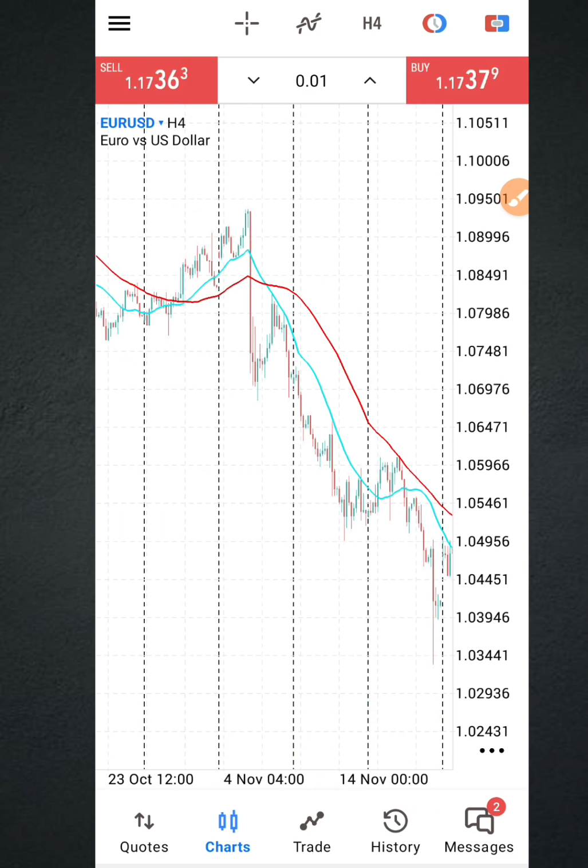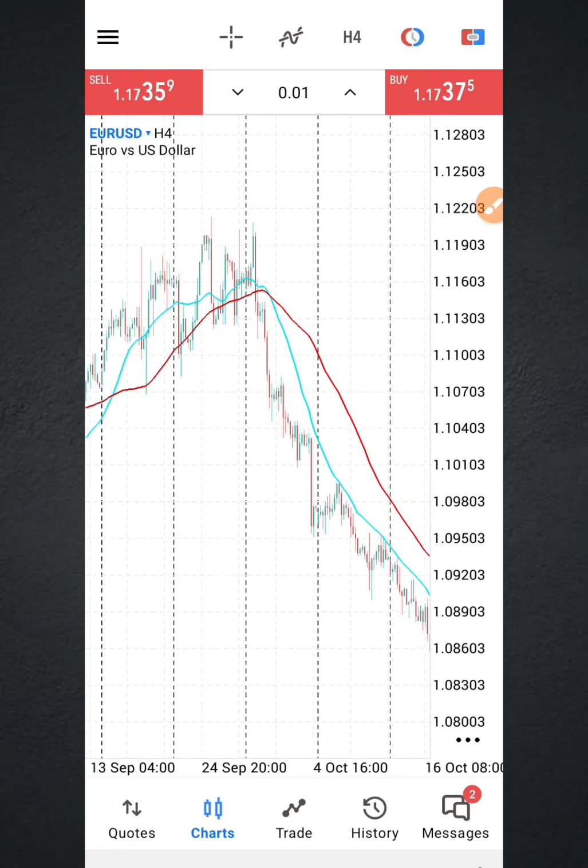Moving averages don't work on lower time frames. It will not work on lower time frames. There's so much noise on the lower time frames. There are so many candles going on, so much trend formation happening on the lower time frames, so it's not going to work.